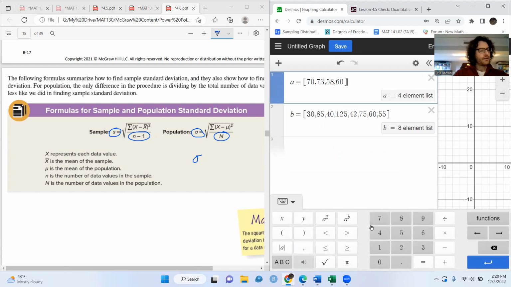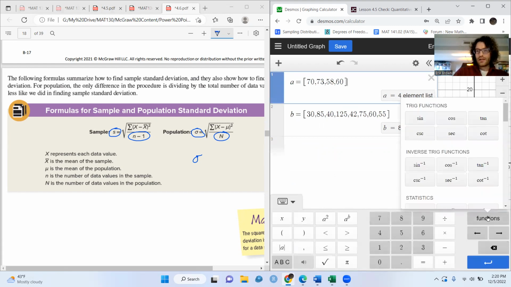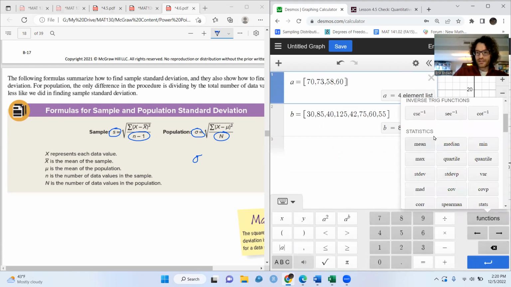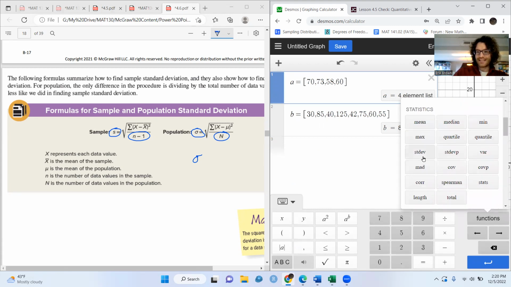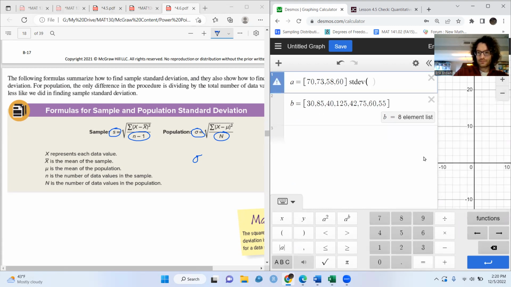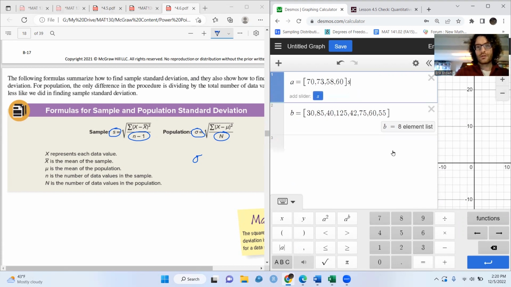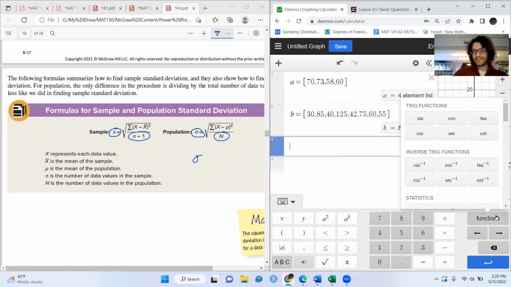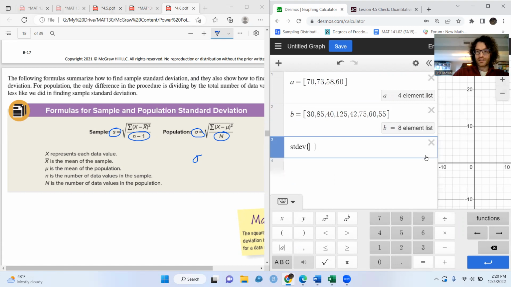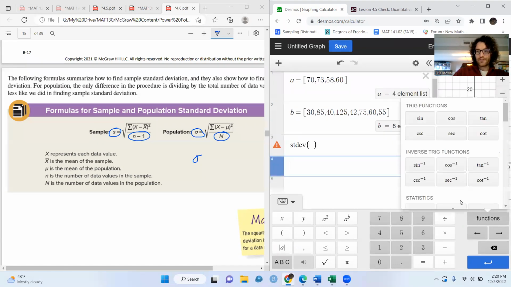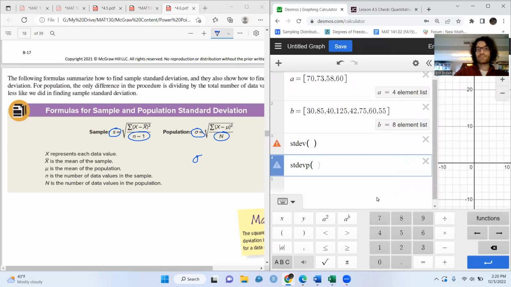StatCrunch, I'm sorry, I'm talking about Desmos. So in Desmos, under the statistics part, there's an stdev. That's sample standard deviation. And there's an stdevp. That's population standard deviation.